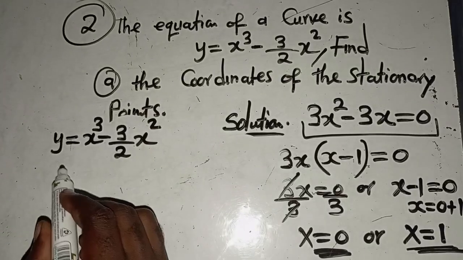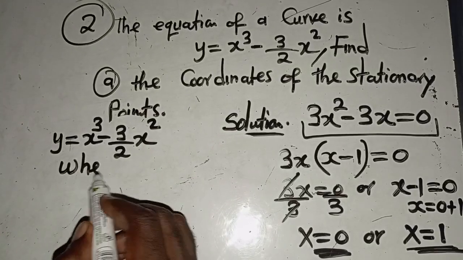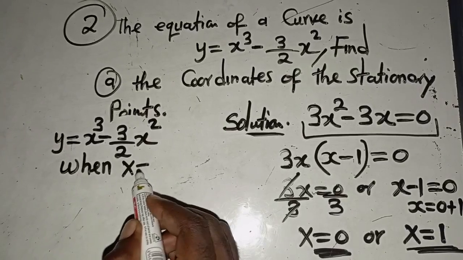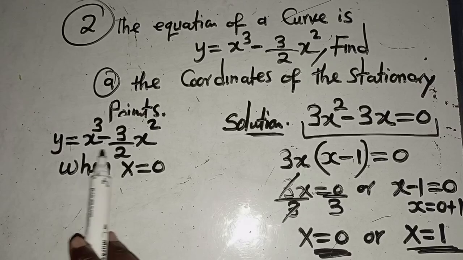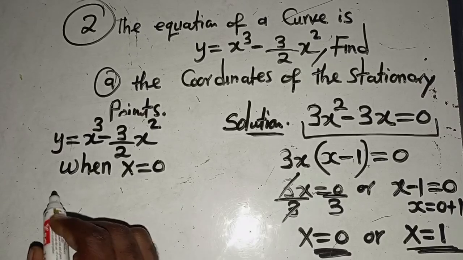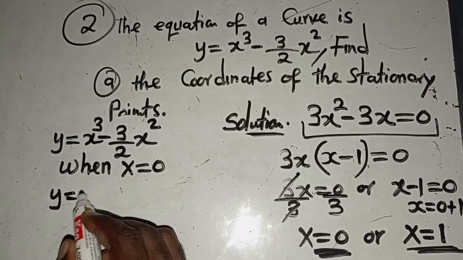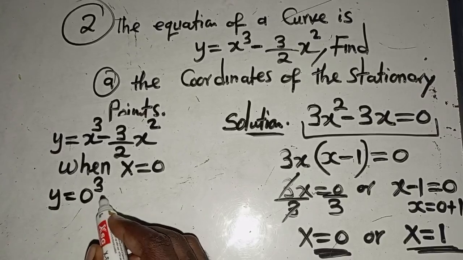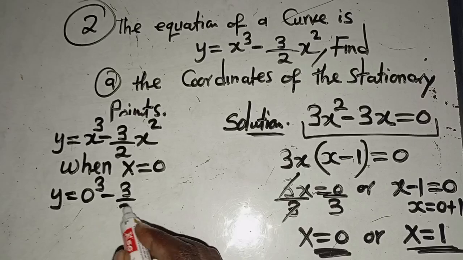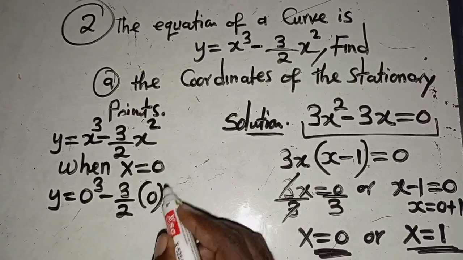Where there is x, when x is equal to 0, I shall put a 0. So y is equal to 0 cubed minus 3 over 2 times 0 squared.